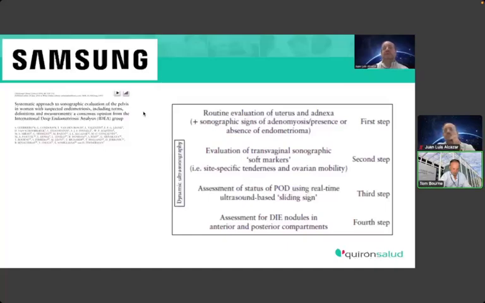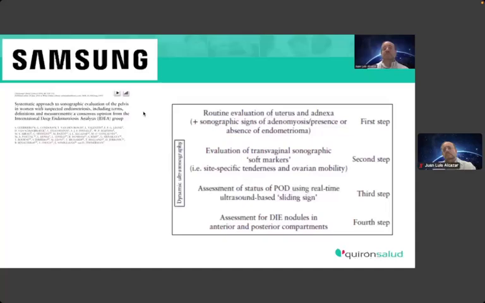The first step is to evaluate the uterus and the adnexa, looking for sonographic signs of adenomyosis or the presence of ovarian endometrioma. The second step is evaluating the so-called soft markers, which are particularly site-specific tenderness and ovarian mobility. The third step is the assessment of the sliding sign to assess the status of the pouch of Douglas. And finally, the fourth step, which implies the specific search for deep endometriosis nodules in both the anterior and posterior compartments.